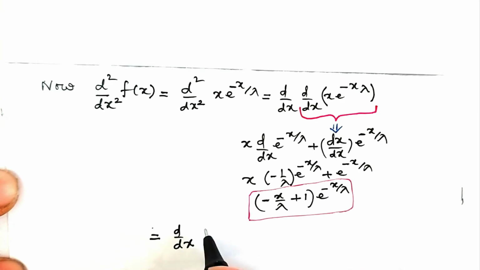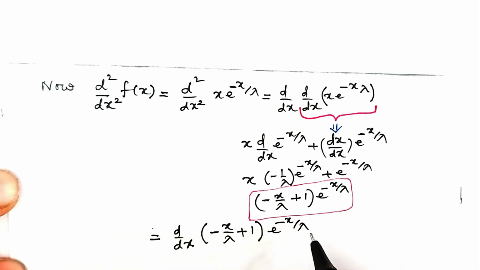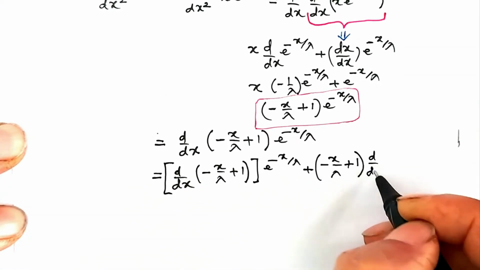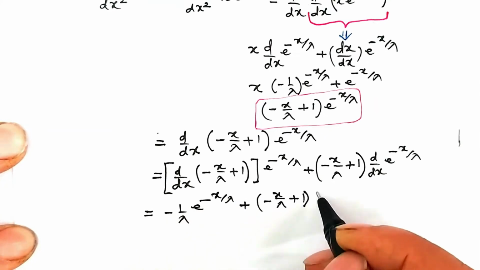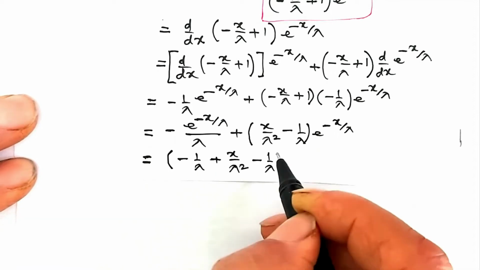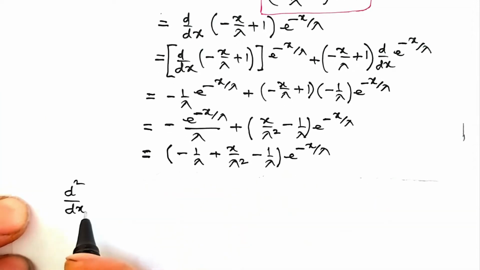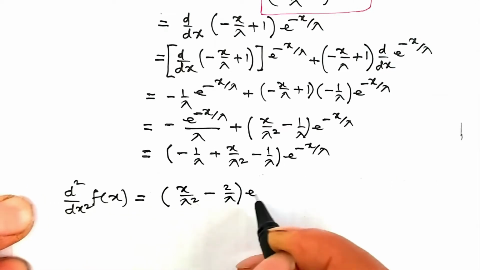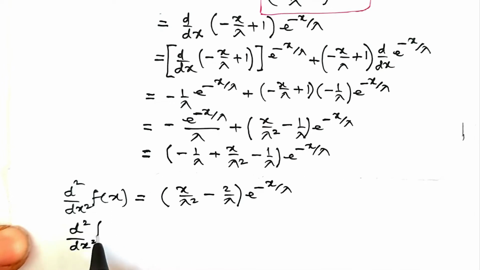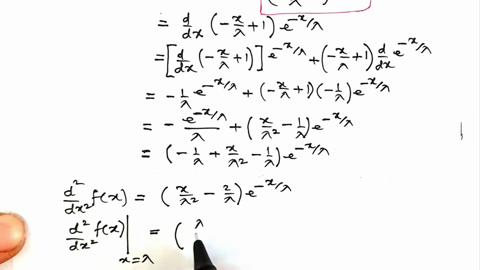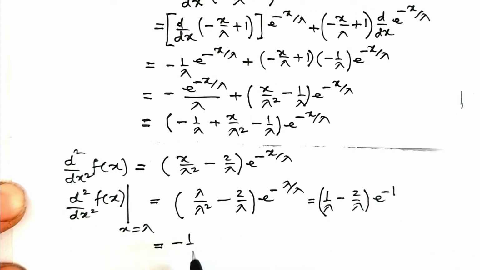So we are left with d dx of, this gives, let us split this into two terms. Therefore, d2 dx square, that is double derivative of f of x, gives. Now at x equal to lambda, its value is, put lambda for x and we have minus 1 by lambda into e to the power minus 1.